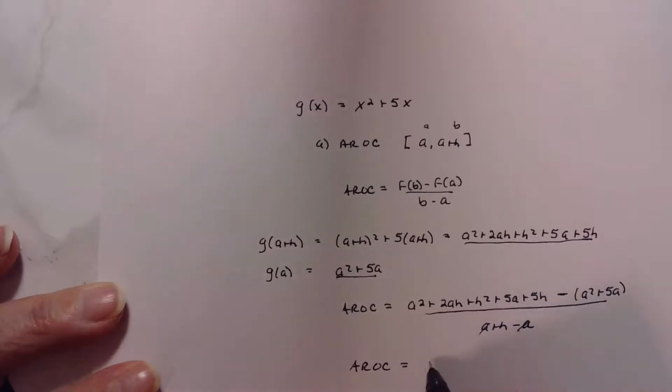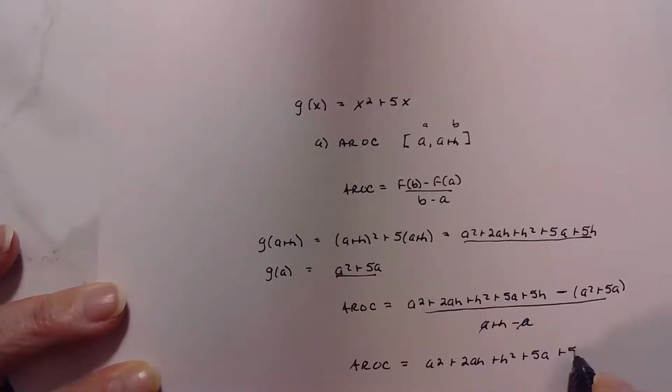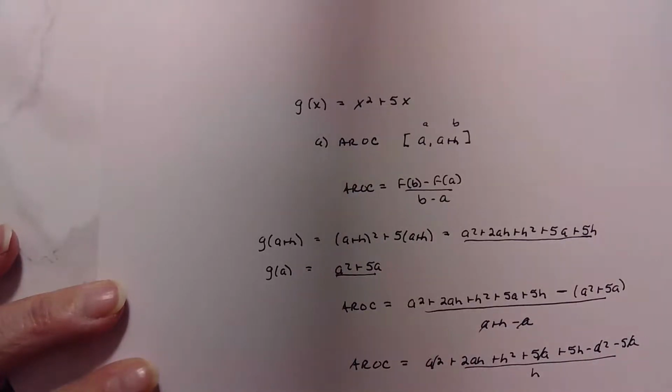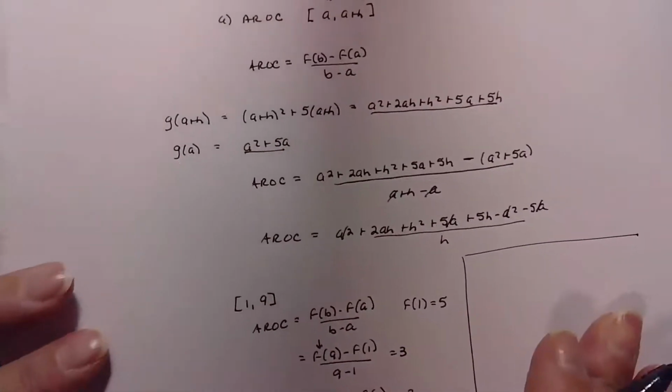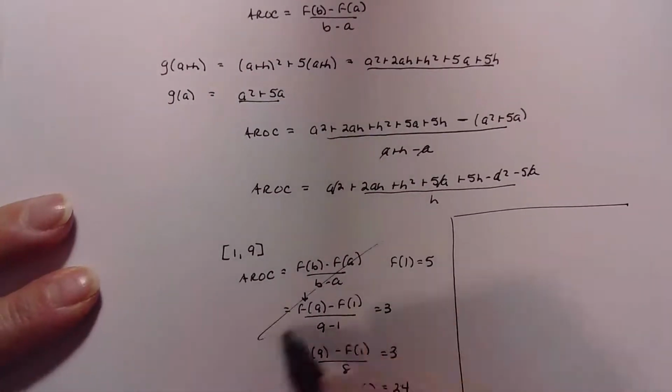So, cleaning up the top now, I've got a squared plus 2ah plus h squared plus 5a plus 5h minus a squared minus 5a all over h. And the 5a's cancel and the a squares cancel. I'm going to move over here into this little square that I'm creating because this is old stuff.